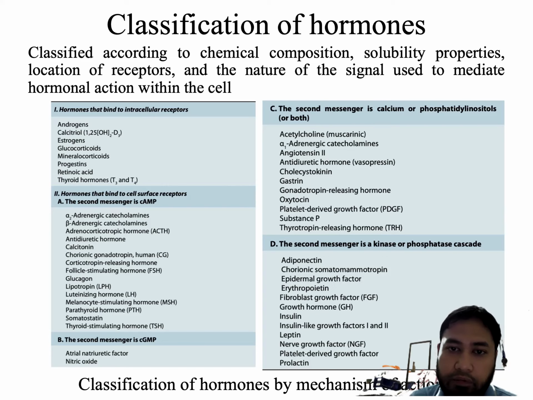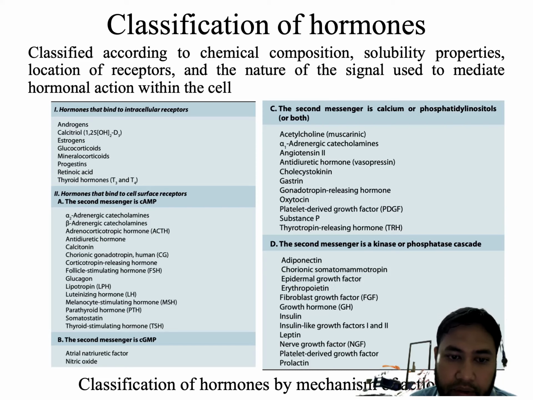If you get pregnant, you will see in the pregnant lady the expression of these hormones is very high. But if you are not pregnant, then the level of chorionic gonadotropin hormone is very low.